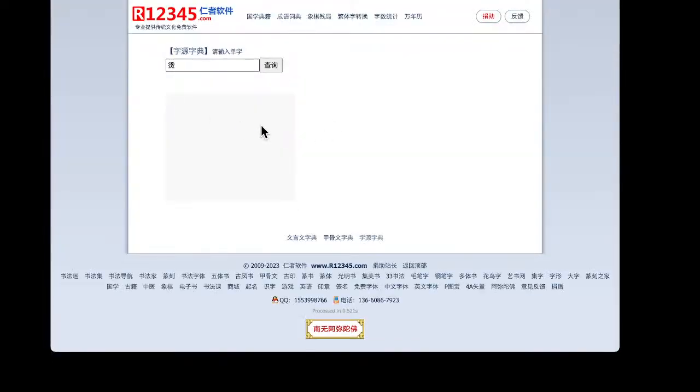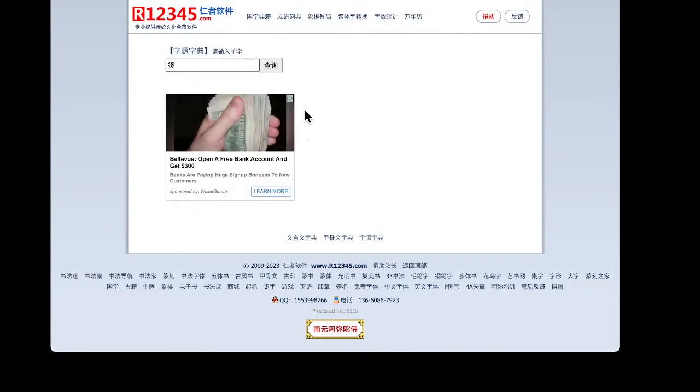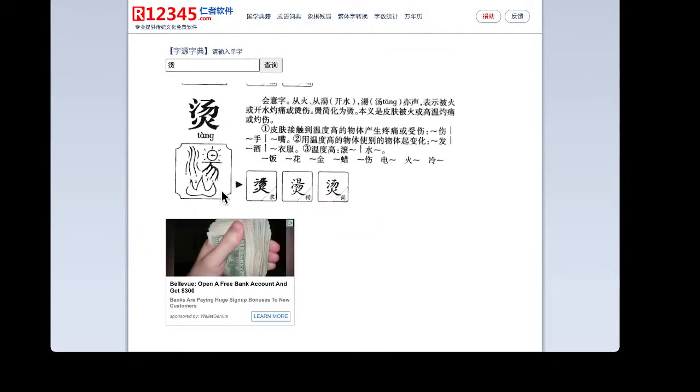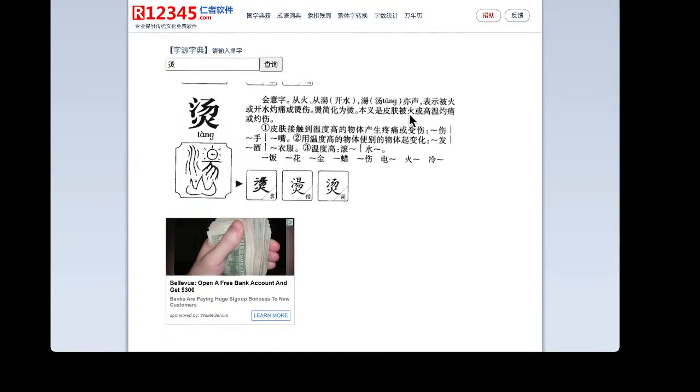So this one you can see fire underneath, and on the top is the word 汤. Of course, it represents the sound, but the original meaning of 汤 is boiling water.